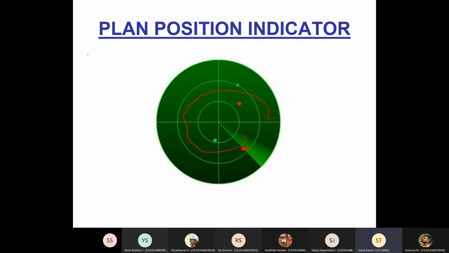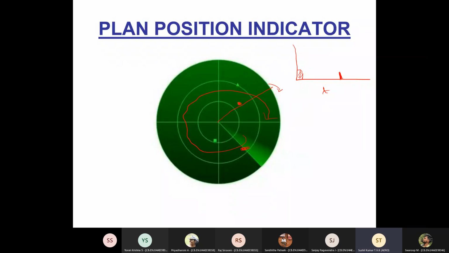See, let us say the raster is at this point. It's rotating in this direction. So at t equal to 0, the radar has emitted a pulse and it gets a blip after some time.